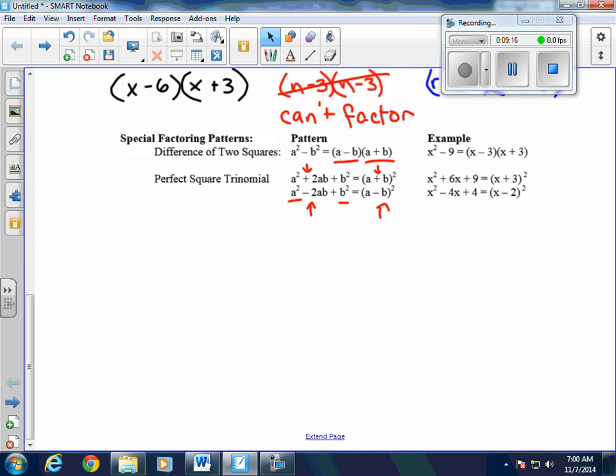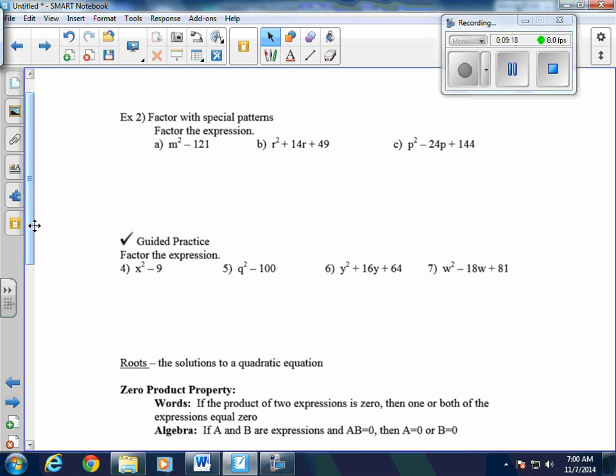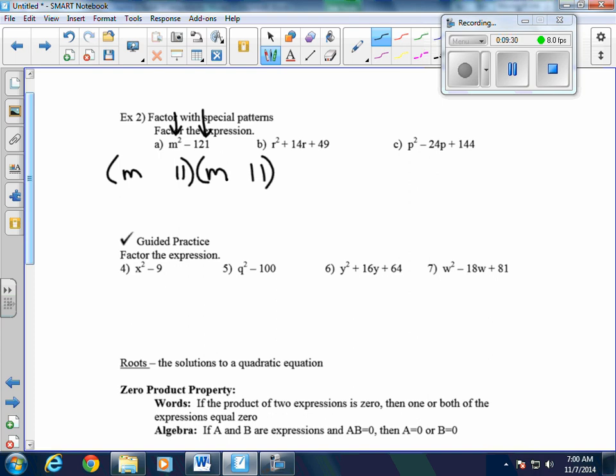So let's look at a couple examples like that. First, we're going to look, is this a perfect square? Yes. Is this a perfect square? Yes. So right away I'm going m, 11, m, and 11, because 11 times 11 is 121. And I'm going to go plus and minus. Now, the reason that we use this is what's going to happen to our middle terms.